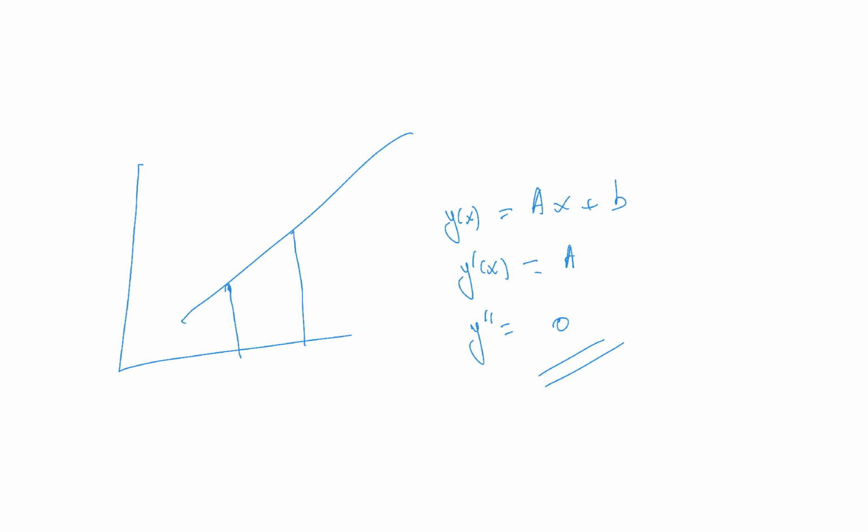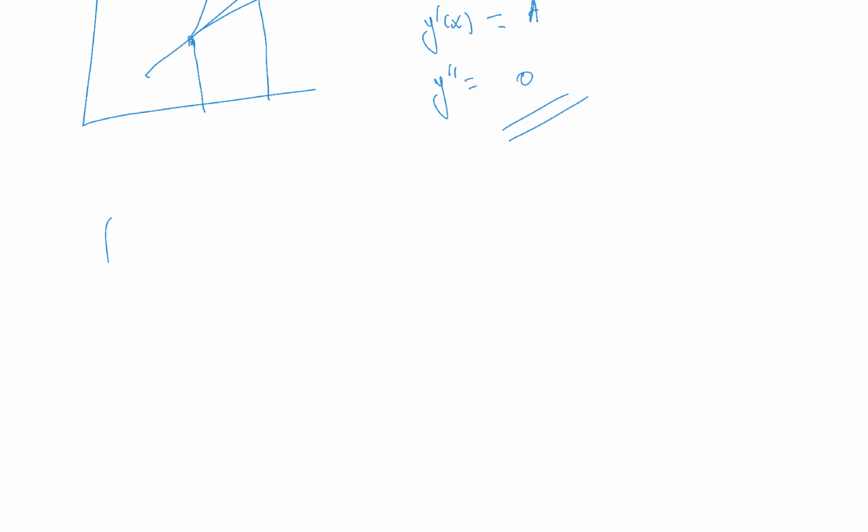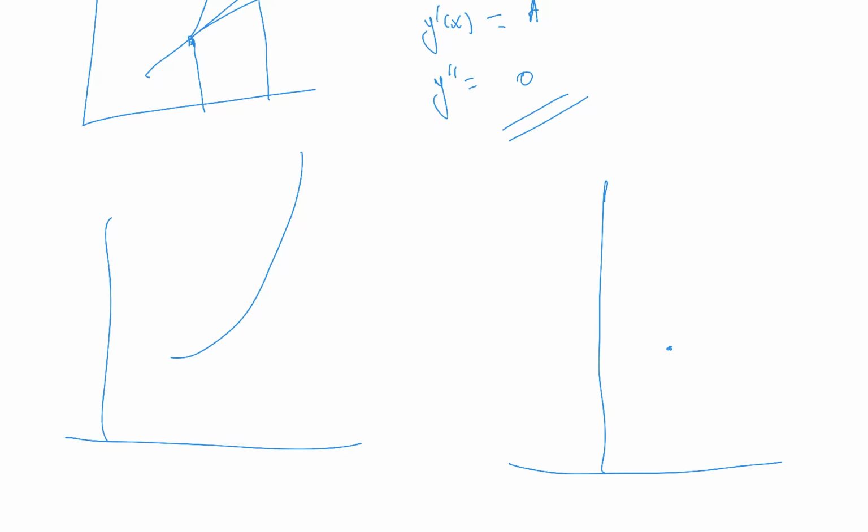So the curvature can happen because the function can do like this or can do like this. What is the difference between a function that does like this or does like this? This is concave upward, while this is concave downward.